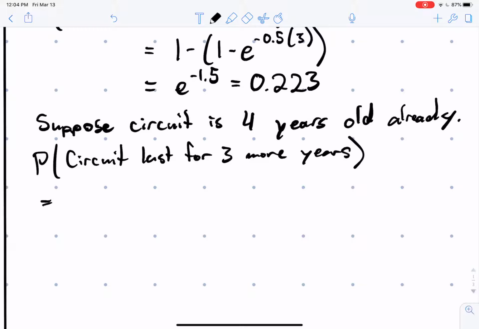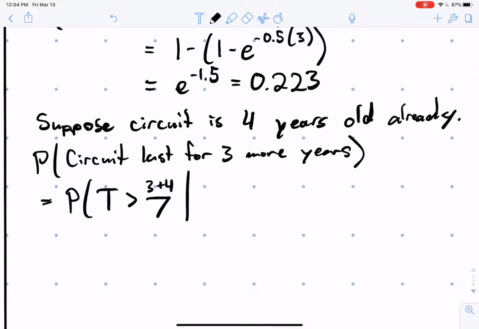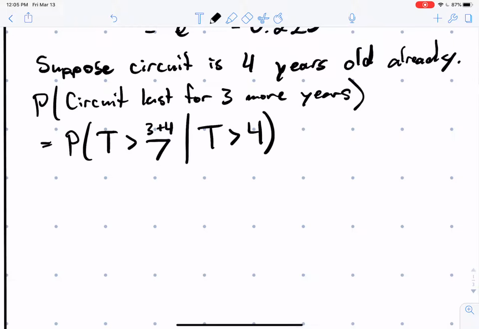So this is the same as the probability that T, our original time, is greater than 3 plus 4, which equals 7, given that T is already greater than 4. So it already lasted 4 years. That's the probability we're interested in. We can apply the definition of conditional probability.